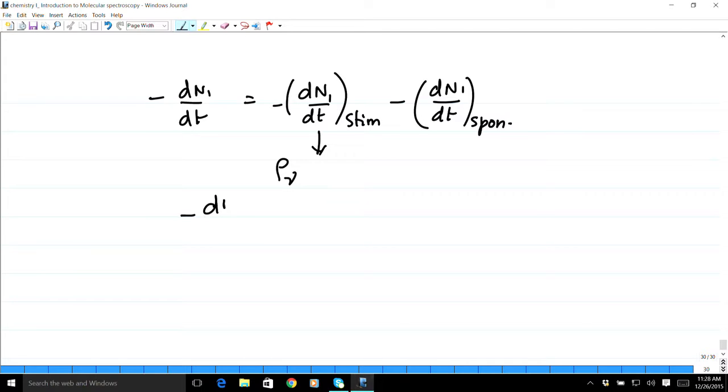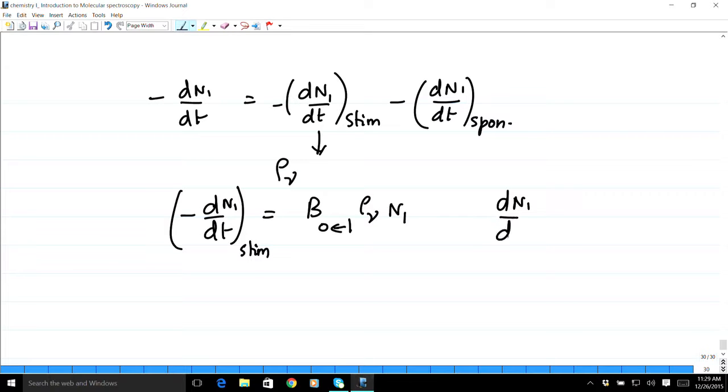Therefore, minus dN1 by dt, the rate of decay, is proportional to rho nu and proportional to the number N1, and therefore it has also the phenomenological coefficient: B 1 to 0 rho nu N1. This is stimulated. And minus dN1 by dt spontaneous, the minus showing that this is decay, is simply another constant A 1 to 0, simply proportional to the number N1, because it is independent of the radiation density.